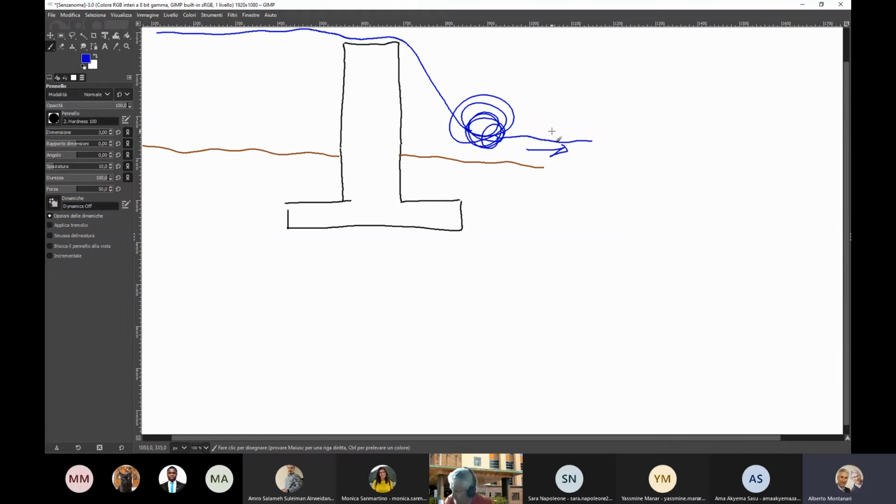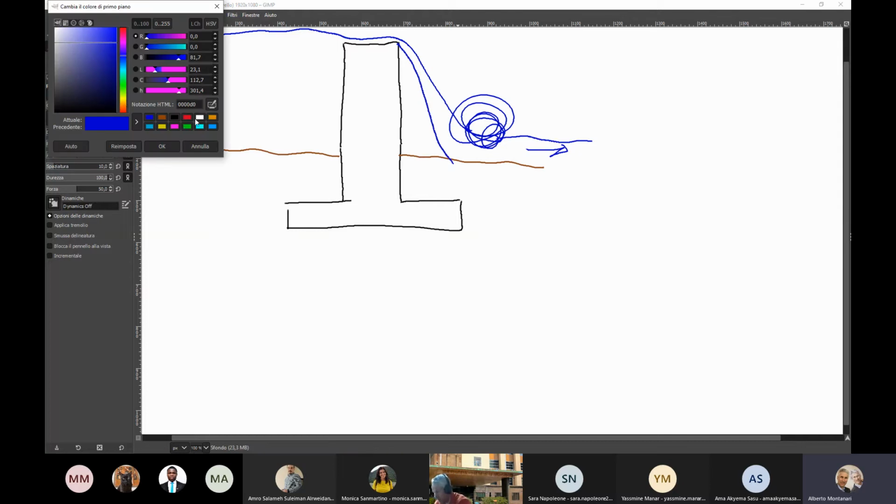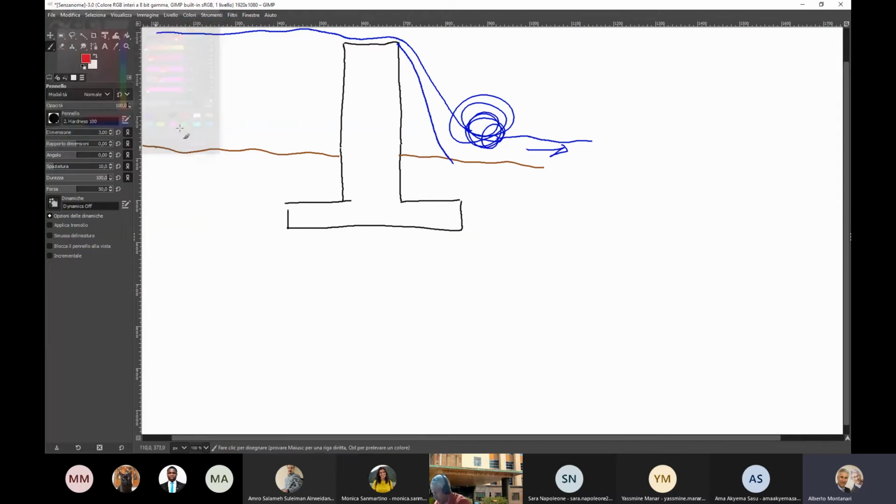Of course, while the current is falling downstream, you have some void here. This is air.